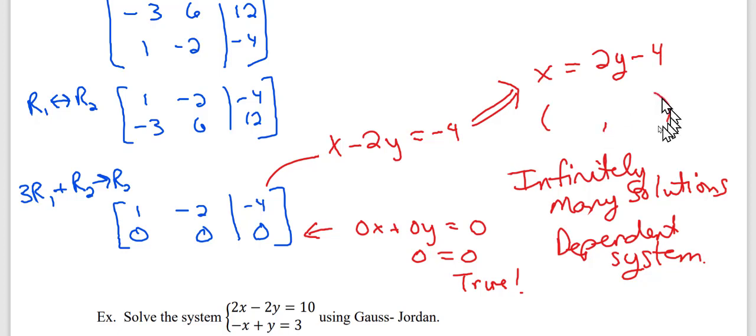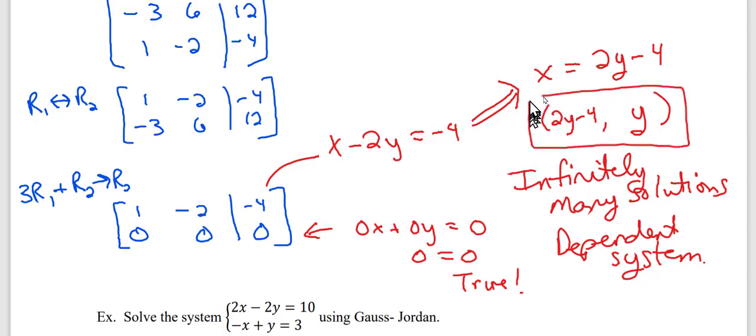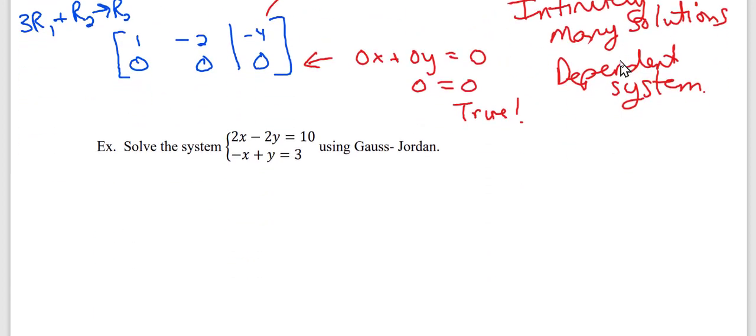We could write that as an ordered pair where y can be anything, but whatever y is, x has to be 2 times that minus 4. That's the relationship between these because that's what x is when you know what y is. Okay? That is a dependent system.